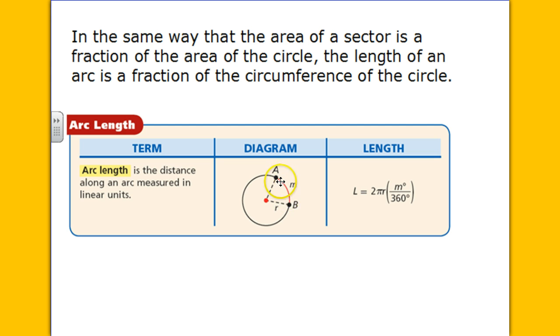So imagine we cut apart the circle at A and B and stretch it out straight and measure it. What is that distance? Well, that distance is the circumference, which also could be written as pi d, times the percent that arc covers, or m degrees over 360, part over whole.